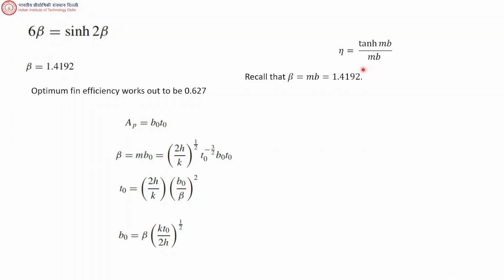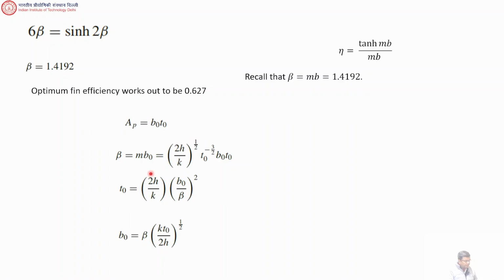So once you have this beta to be 1.4192, then beta is m b naught, and this is m. With a little bit of rearrangement, this is t naught to the power minus half, these two together, which was there in the m expression.